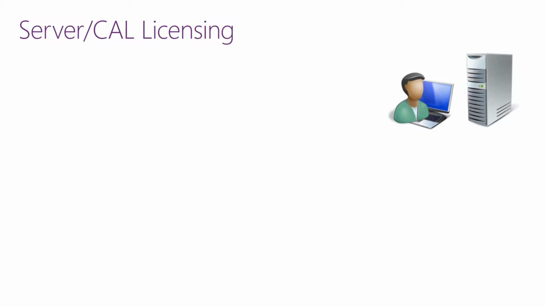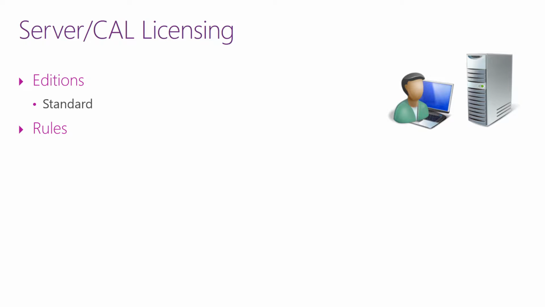So let's take a look at the specific things that apply to Server CAL licensing for SQL Server 2016. And remember, this licensing model only applies to the Standard Edition. The rules of Server CAL licensing are the usual ones. You buy a license for the server and then CALs, or client access licenses, to access the services of the server.